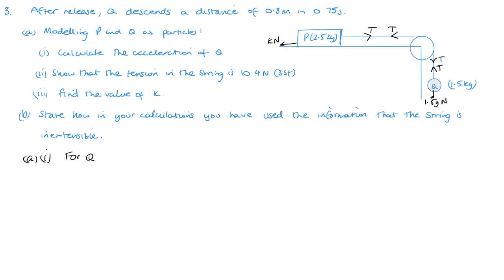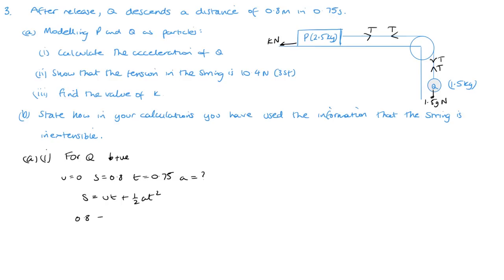So for Q, we'll take downwards as positive. They're going to start at rest. It's going to travel a distance of 0.8 meters. Time is going to be 0.75, and A is what we're going to try and find. So S equals ut plus half AT squared.